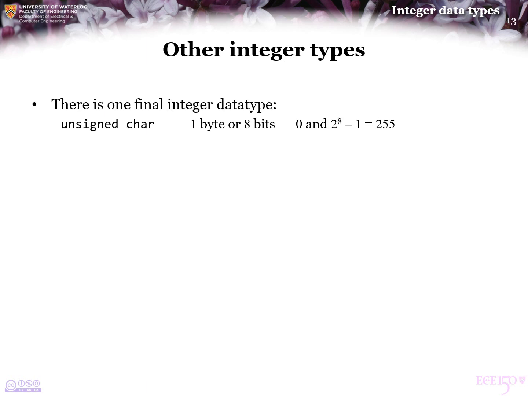Now there's one final integer data type that stores only positive numbers, and it is unsigned char. Now wait a second, we've been using char to store a character.